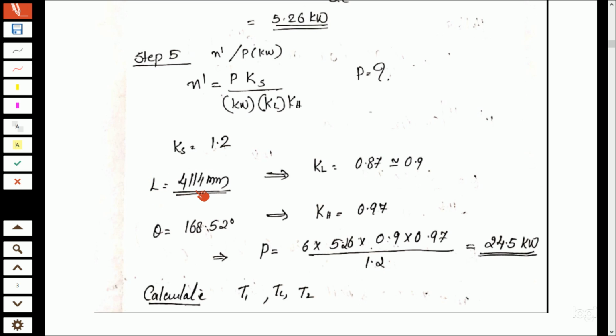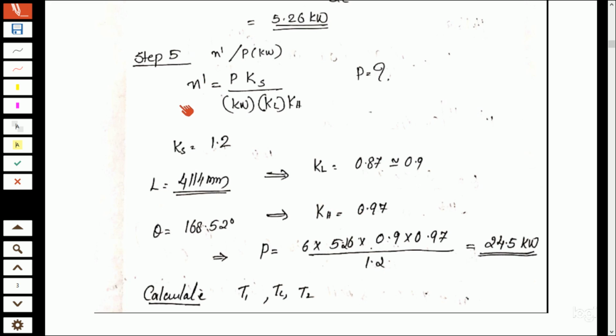The calculated length is 4114. So for this value I am going to get the value of KL as 0.87. This is also beyond the value which is given in your data handbook. So this is how I am going to select the value of KL, and I will calculate the theta, and correspondingly I will go for the calculation of KH as 0.97.